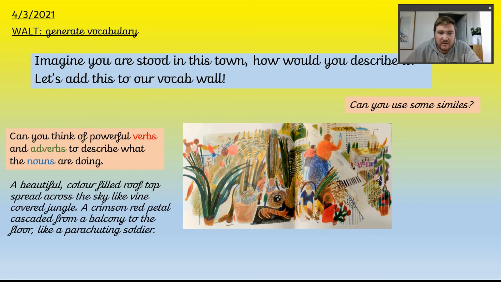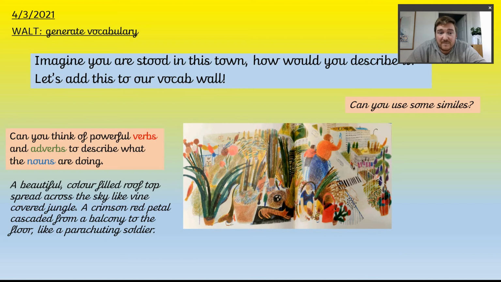So here's an example I've come up with. A beautiful, colour-filled rooftop spread across the city like a vine-covered jungle. A crimson-red petal cascaded from a balcony to the floor like a parachuting soldier. Can you write down in your books which of those words are adjectives?